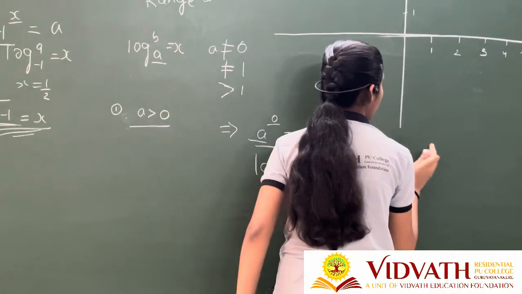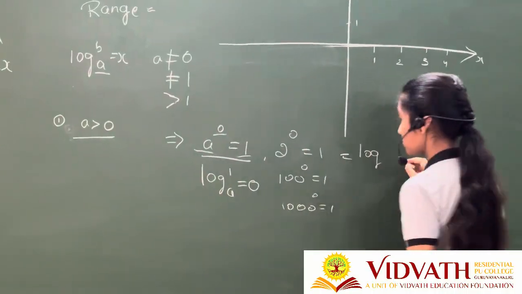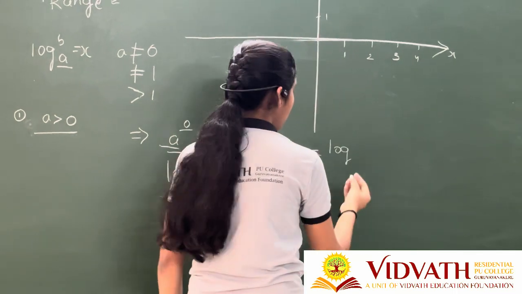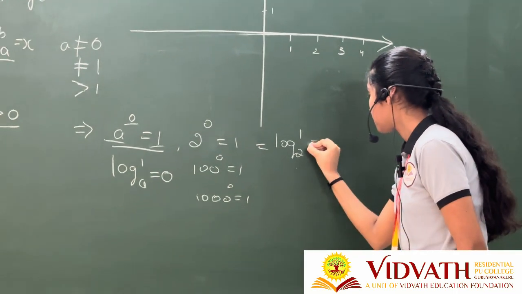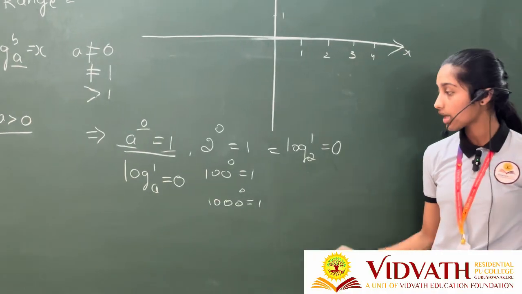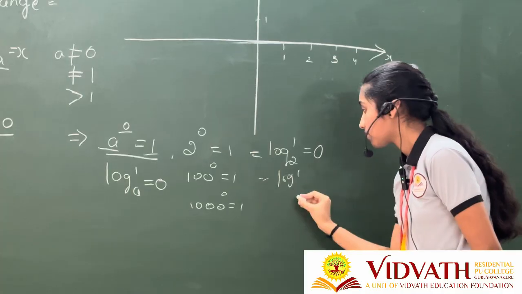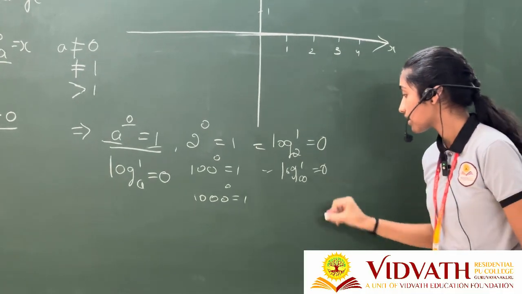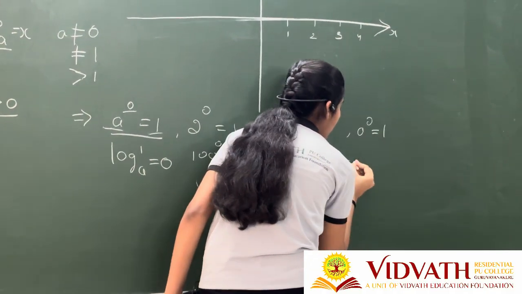Apply logarithm to this. Log of 1. In general, we can say that a power 0 equals 1.